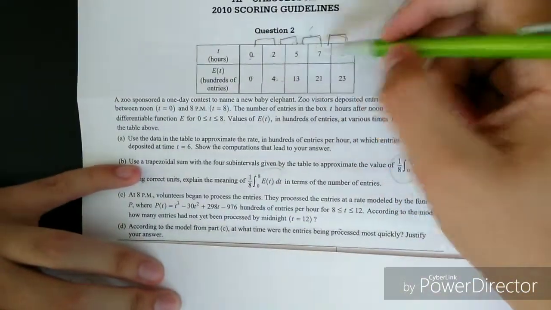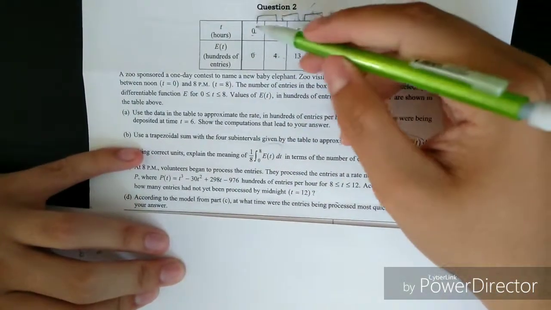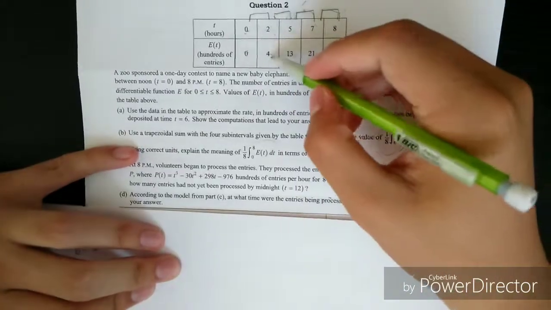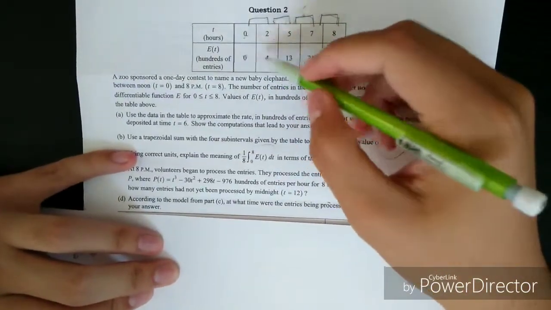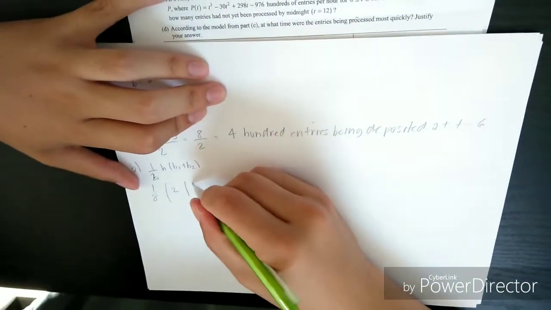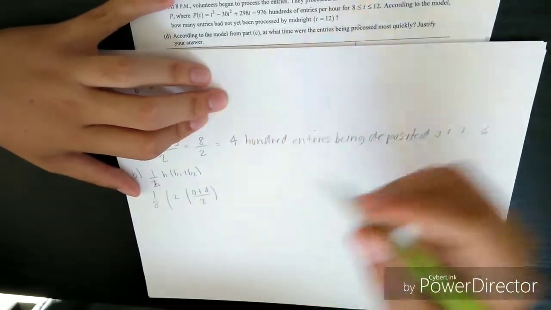So here the height is going to be the distance between the subintervals. For example, the first interval: the distance between 0 and 2 is 2, so that's our height. And then our b1 plus b2 is simply the values given in the chart for E of t. So b1 plus b2 would be 0 plus 4 over 2, of course, because of the 1/2.